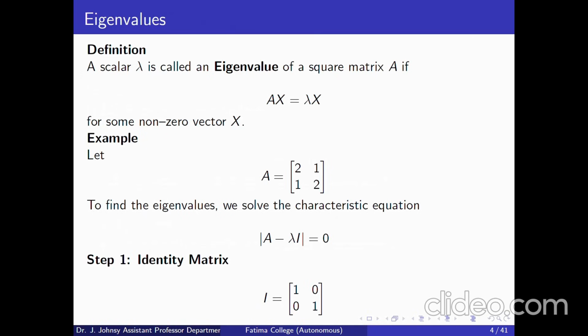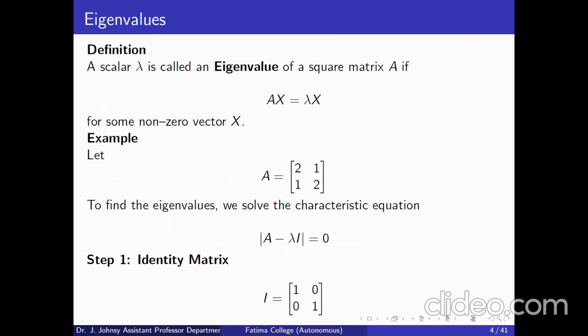Here is an example. Let the given matrix be A equals 2, 1, 1, 2. Find the eigenvalues. We solve the characteristic equation determinant of A minus lambda I equal to 0.